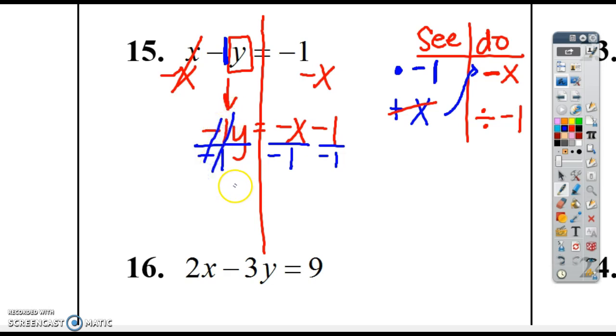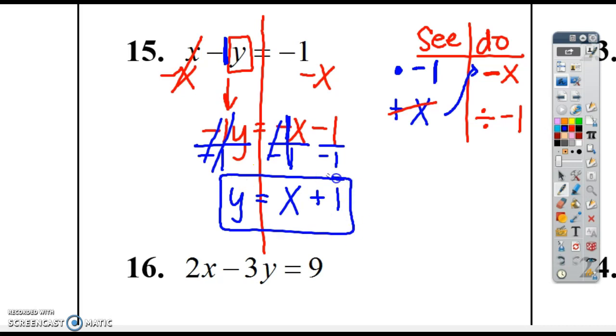It cancels. We're left with the y on this side. This negative 1x divided over negative 1 is just going to leave you with a positive x. The negatives cancel. If you wrote the 1 divided by 1, that cancels. So you just bring down your x. And then negative 1 over negative 1 is going to leave us with a positive 1. So that's going to be your answer for number 15.